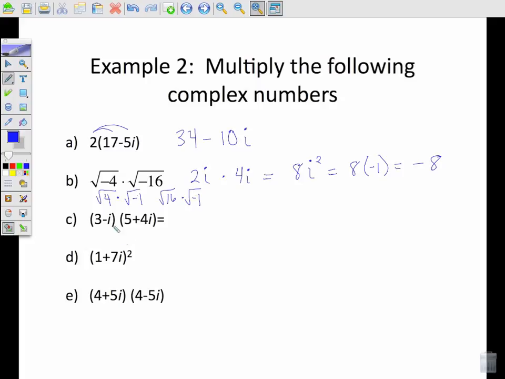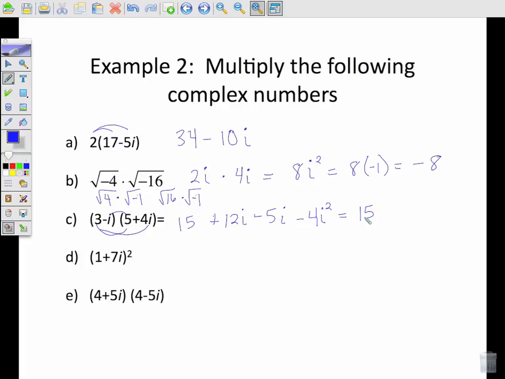I'm sure you remember all these operations from Algebra 2. So letter C, we're going to FOIL. 3 times 5, 15. 3 times 4i, that's 12i. Negative 5i. And minus 4i squared. You're going to want to replace all of the higher powers of i with their equivalent.